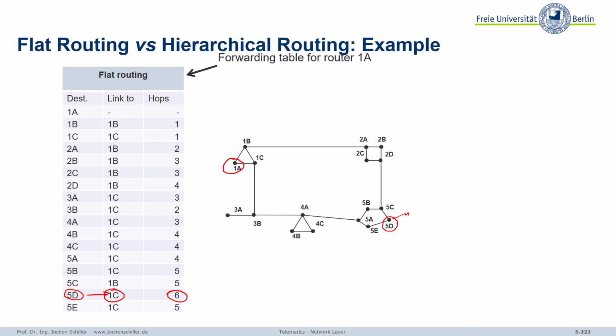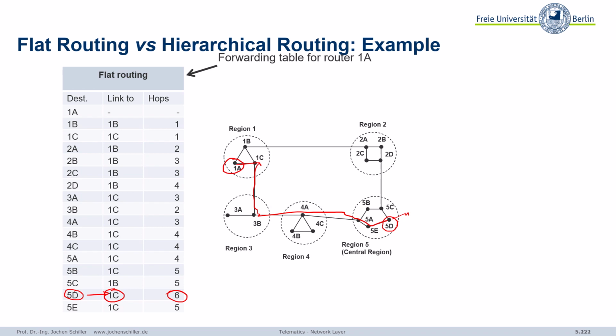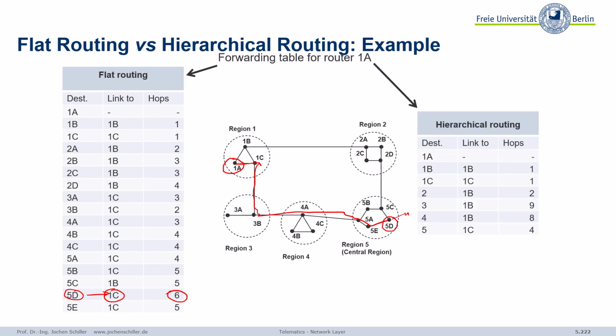So 1, 2, 3, 4, 5, 6. Okay. Nice, but doesn't scale. So it's better to create certain regions and to perform hierarchical routing.